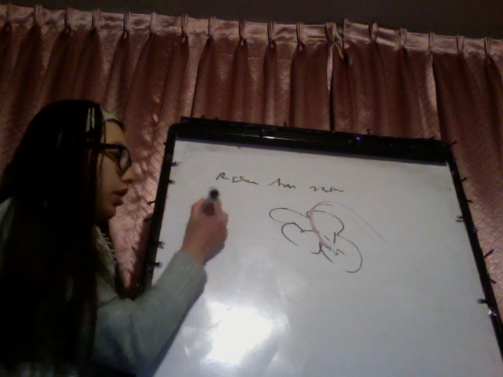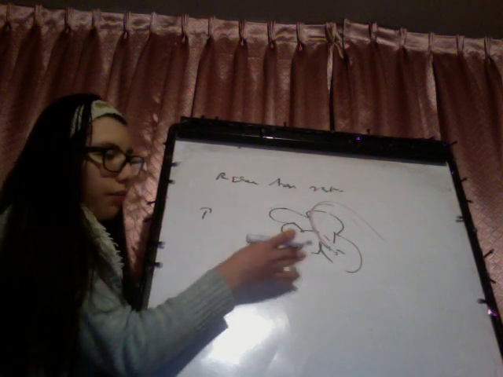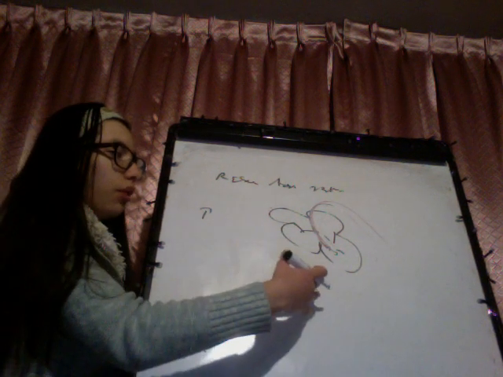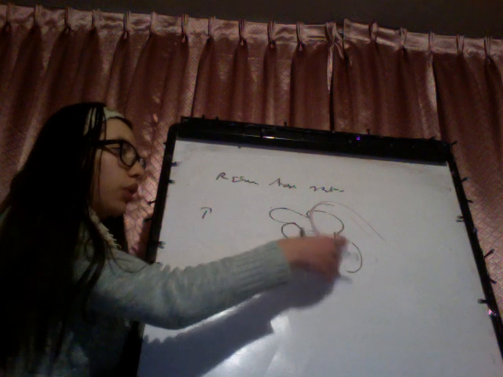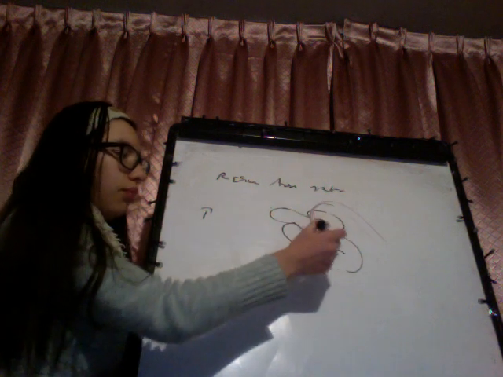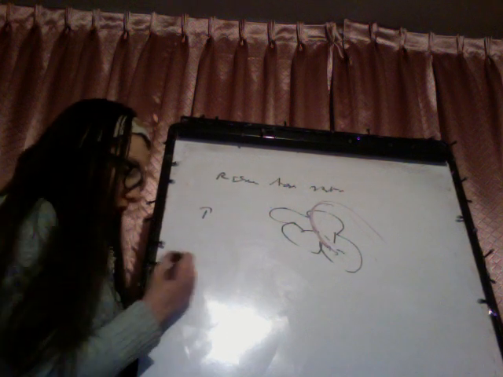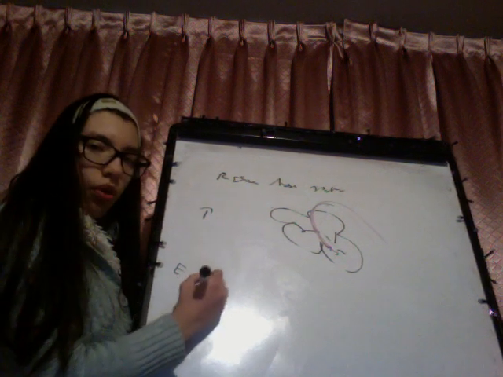So we have increased left ventricular end diastolic volume. At the end of diastole, we will have more blood because the aorta is also giving blood to the ventricle. So the end diastolic volume is increased.